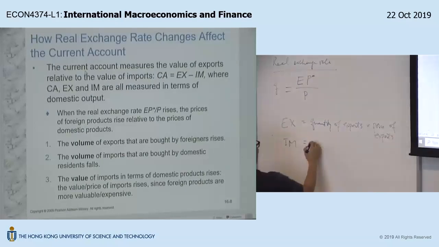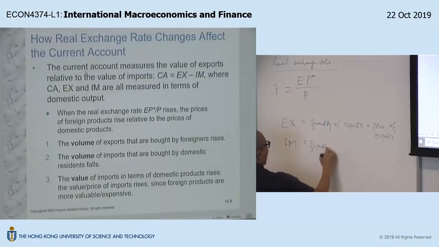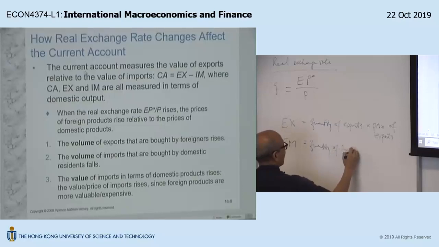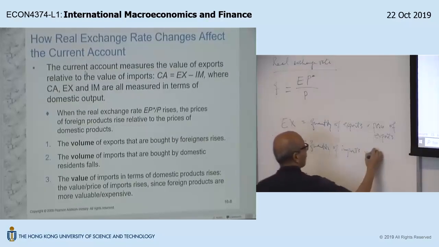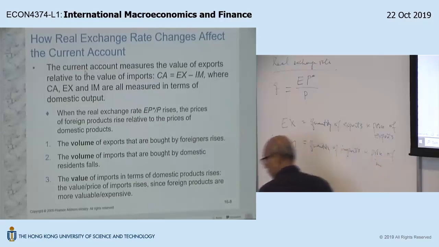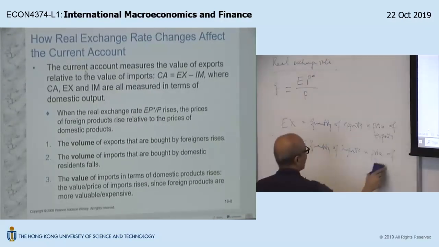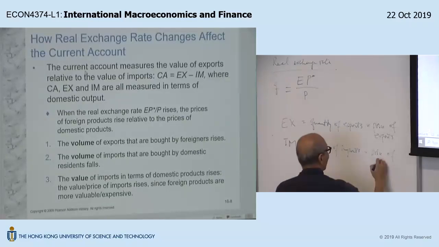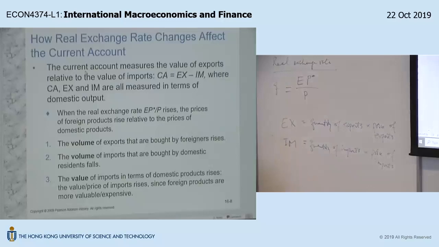And then the import is the quantity of imports multiplied by the price of imports, assuming that it's just one good. Although of course you're exporting different types of goods, just pretend that you export just one good.